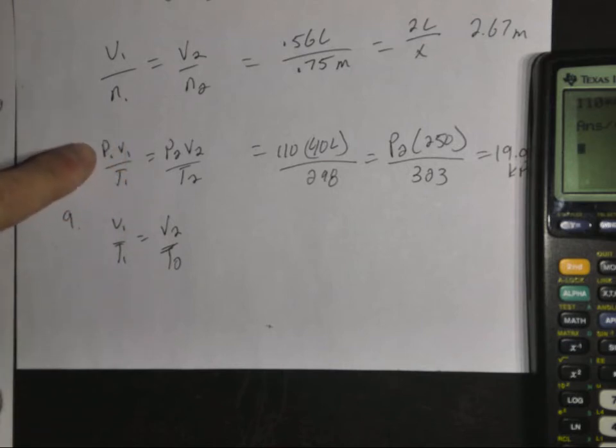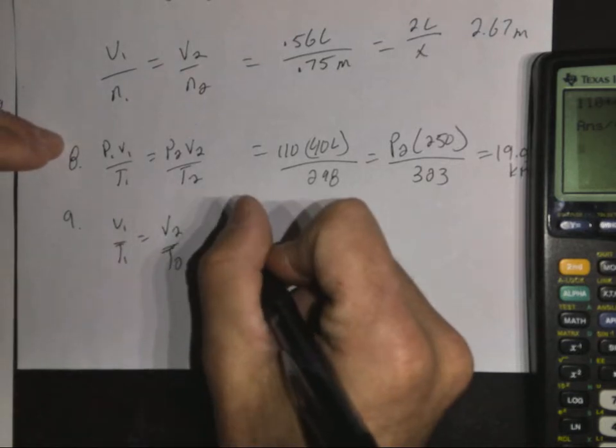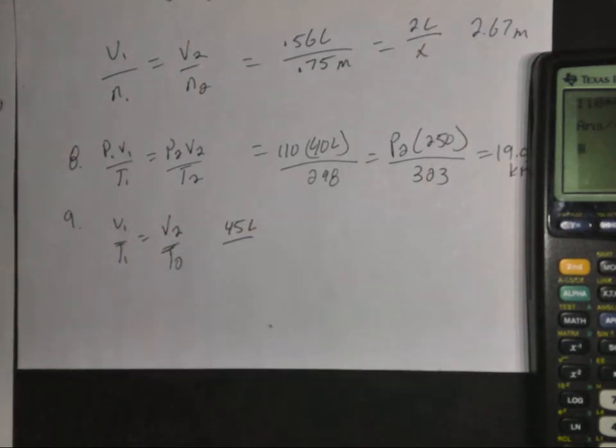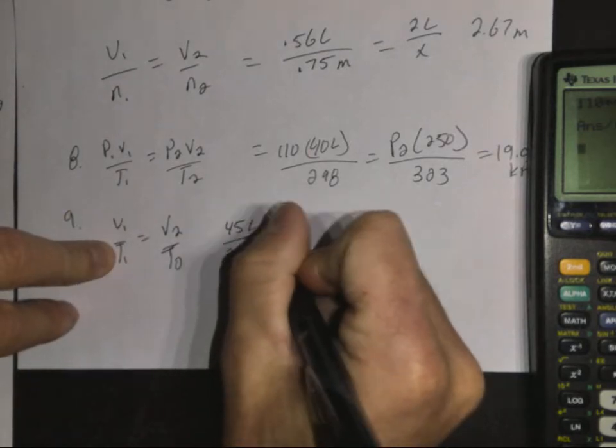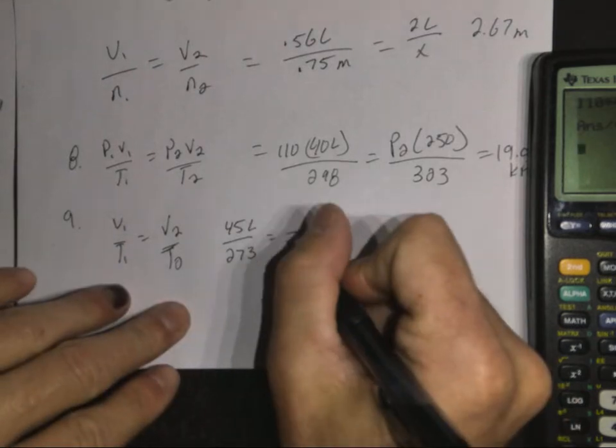We weren't given a pressure. We were given volume and we were given temperature, so that's all we're using. Our volume is 45 liters. Standard temperature, remember, is 273 K. It says at what temperature, so we're solving for T2.